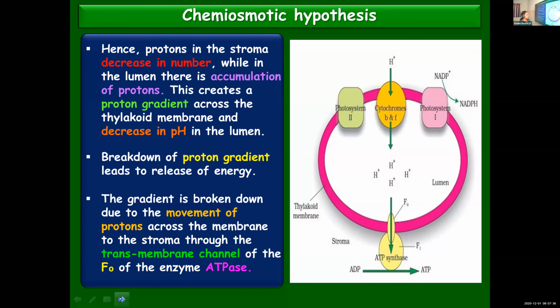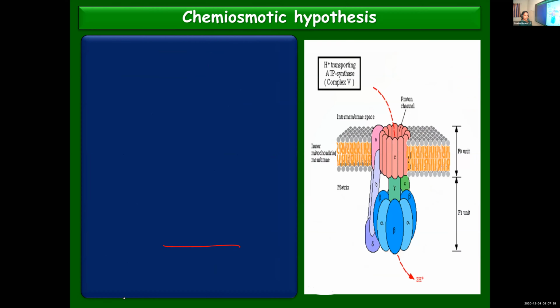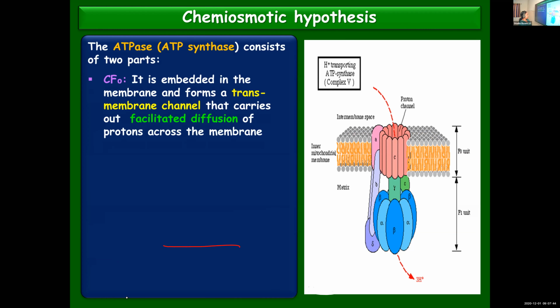ATP synthase enzyme has two parts, CF0 and CF1. CF0 is located on the membrane, and it acts as a transmembrane channel, and through the channel, by facilitated diffusion, protons will move from the lumen into the stroma.